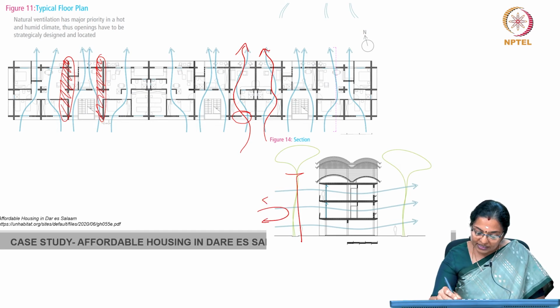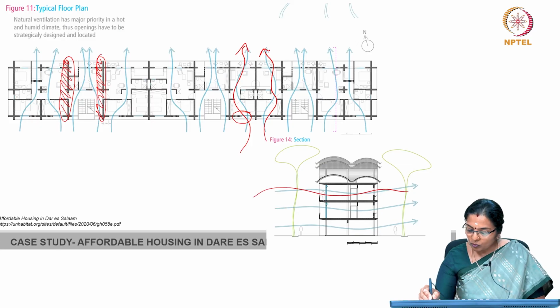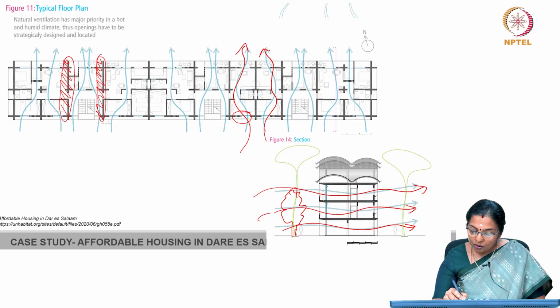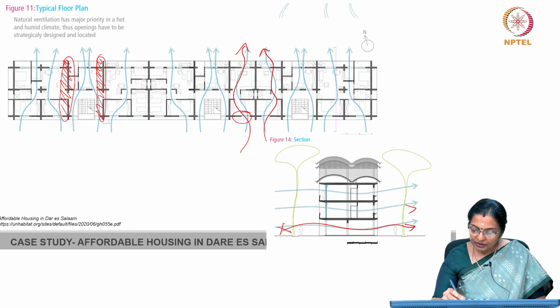What they have done is they have had a very open plan in which the breeze moves through the rooms, enhancing cross ventilation. Any shrubbery or trees at this height would have prevented it from happening, but they have ensured that there are no obstacles in the path of the breeze.